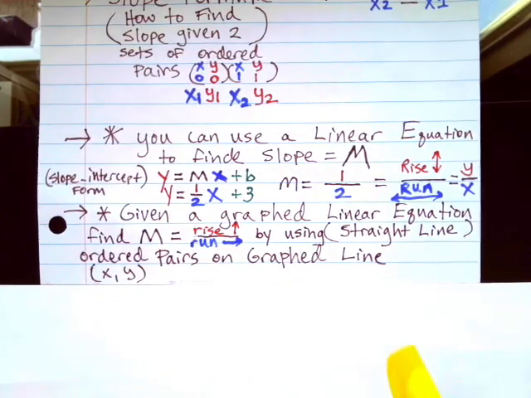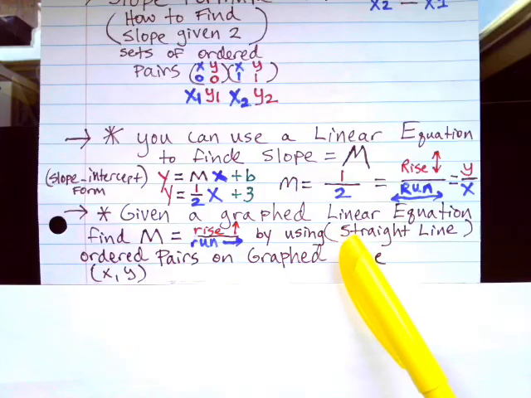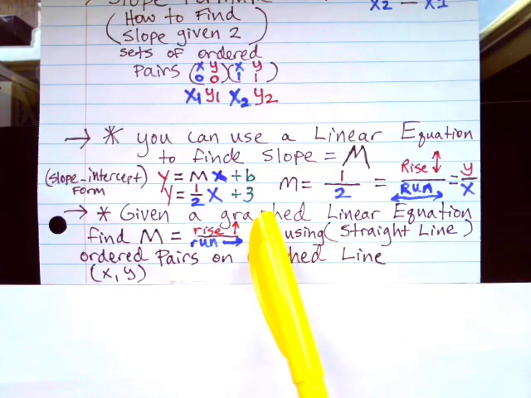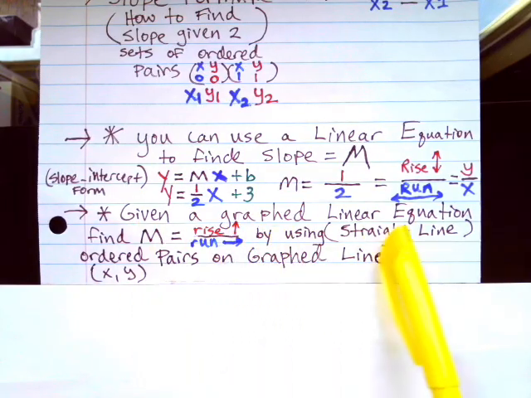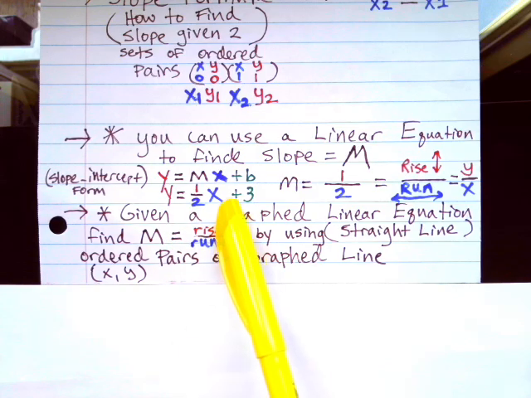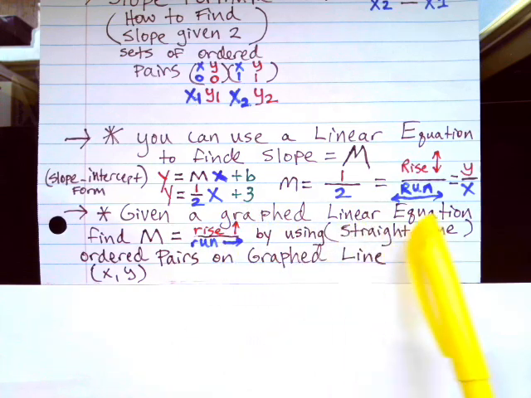Most of this stuff is review, but I have to review this stuff before I can get into the next video, video 10, where we're going to go over point slope form, how to use it. It's really important you understand these terms. So given a graphed linear equation, y equals 1/2 x plus 3, linear equation just means a straight line.